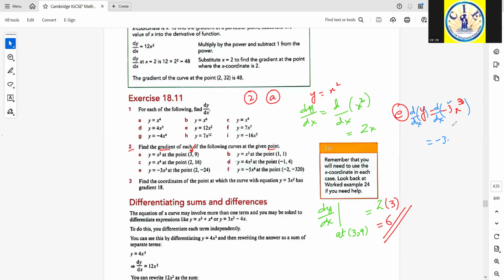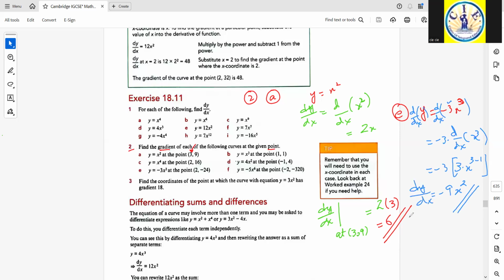This coefficient would be brought at the beginning as a multiple, and then I need to have the derivative of x cubed. That will be negative 3 times 3 times x raised to the power 3 minus 1, that is negative 9x raised to the power 2.